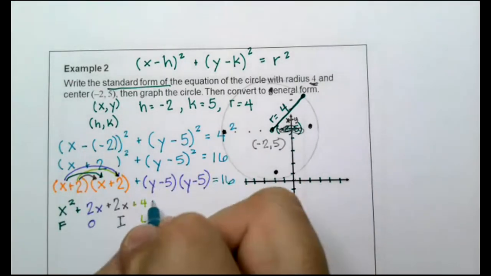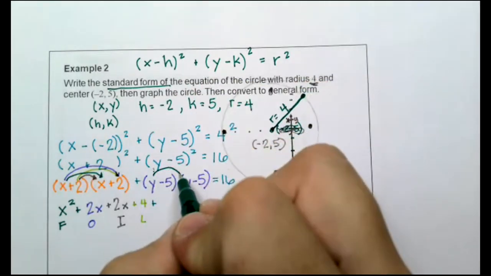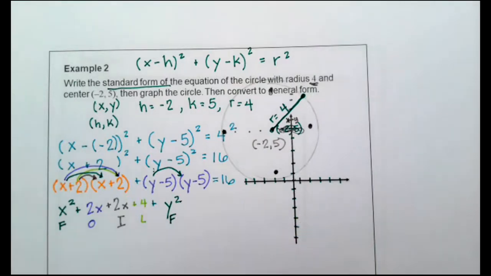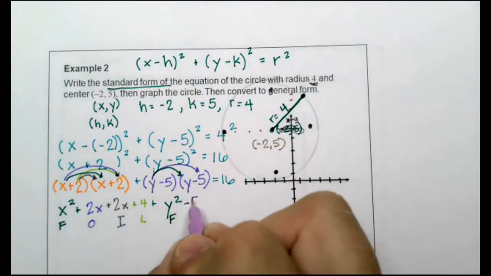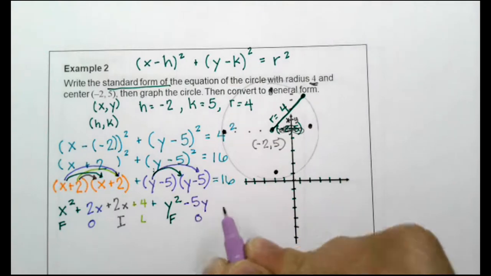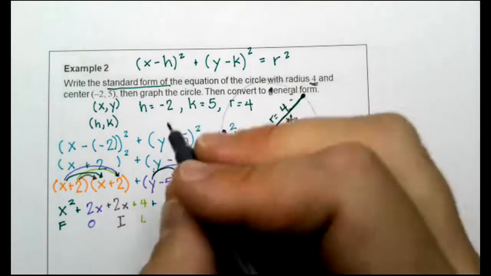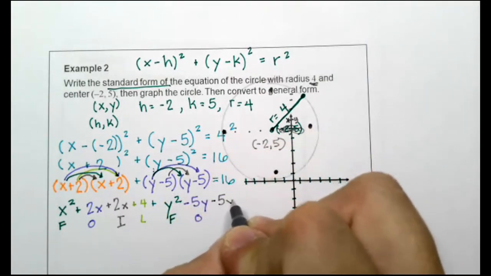Keep that plus. And we're going to do the same thing. Y times y is y squared. And that's my F. Y times negative 5 is minus 5y. That's my O. Negative 5 times y is negative 5y.